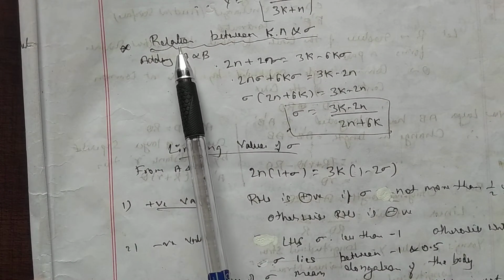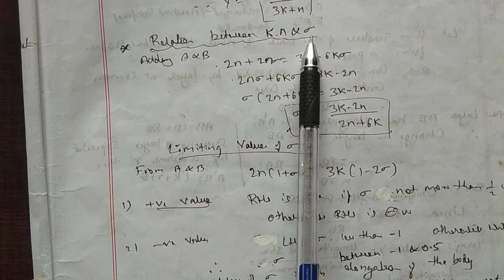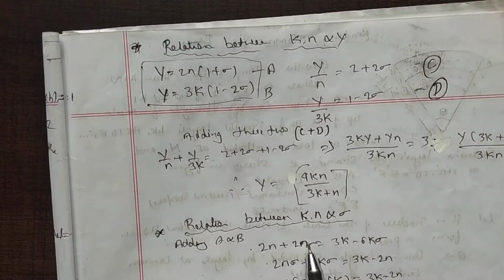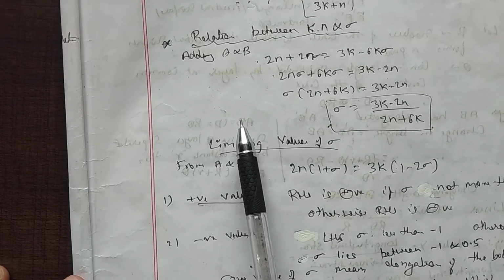Next, one more relation, that is the relation between K, n and sigma. Now adding A and B, these two equations we are going to add.